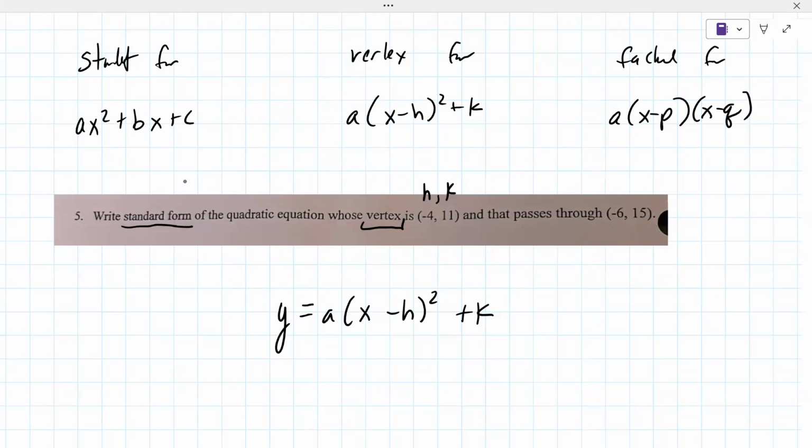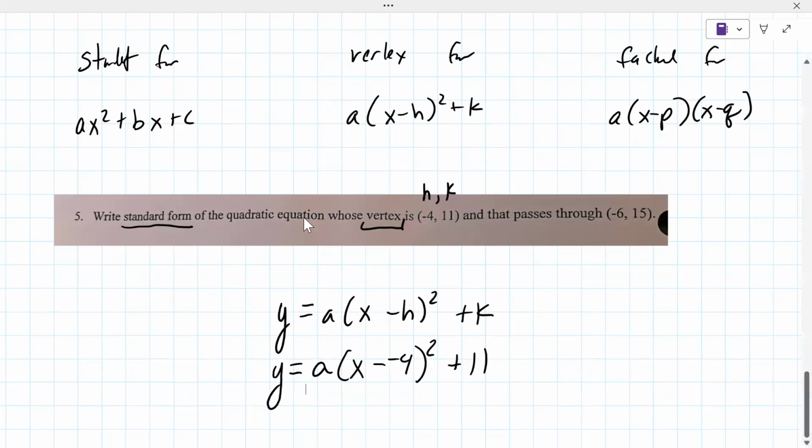Right, so we're going to put those values in: a(x minus negative 4) squared plus 11. Is that okay? Yes.